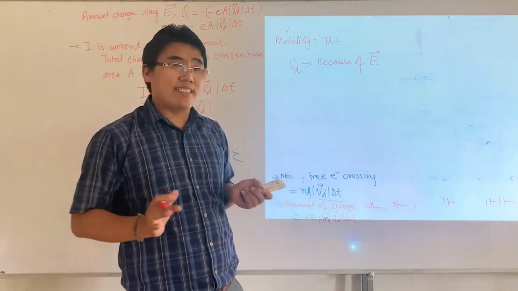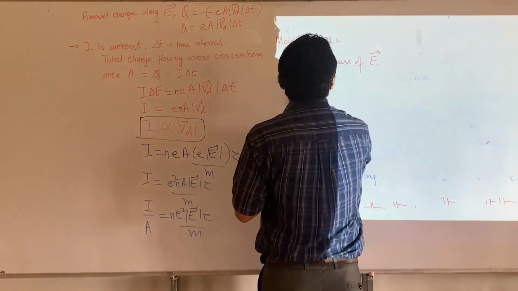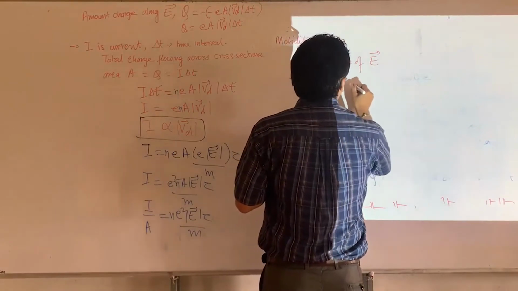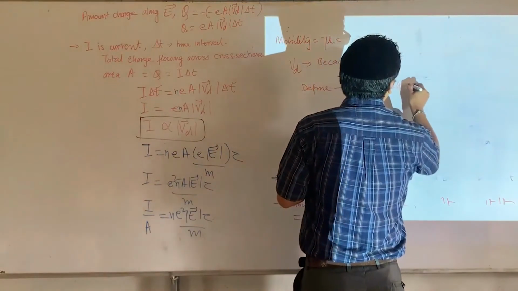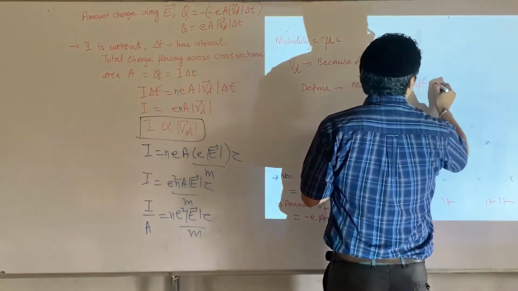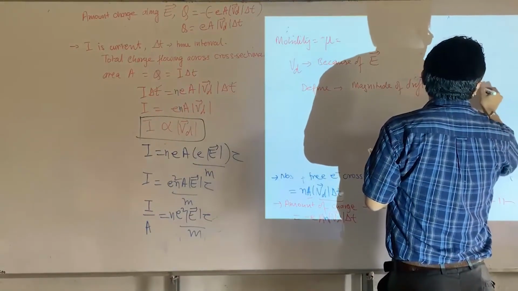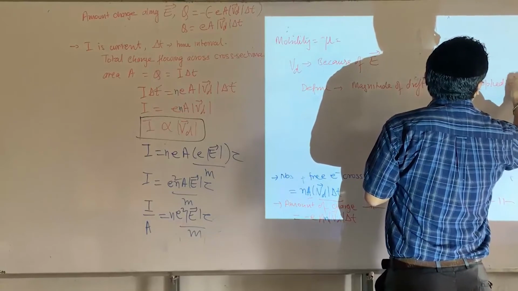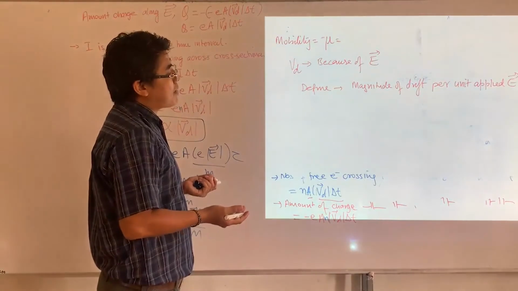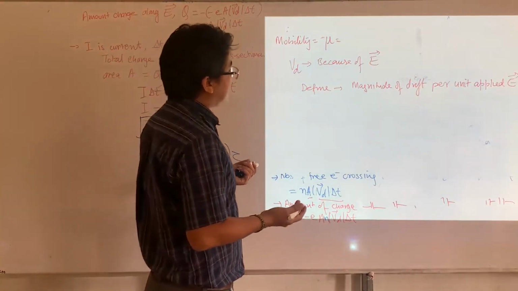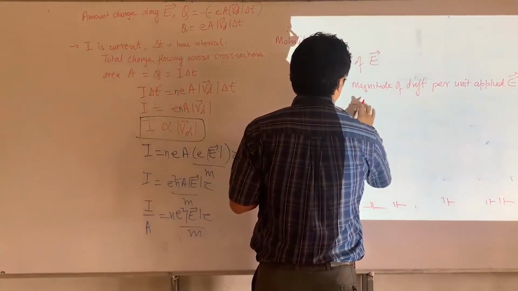We divide. So mobility is defined as the magnitude of drift velocity per unit applied electric field, the ratio of magnitude of drift velocity to electric field.